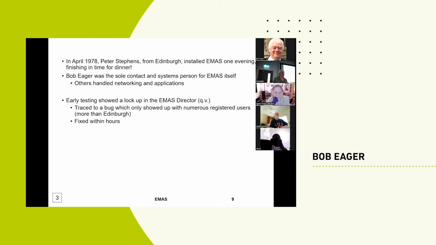And just to give you an example of the sort of thing we had, we tested things, and I'll talk about the EMAS director later. Early testing showed there was a lockup when we ran some tests with lots of users. And it turned out that if you had too many users registered on the system, not the number of people using it, it would eventually lock up.